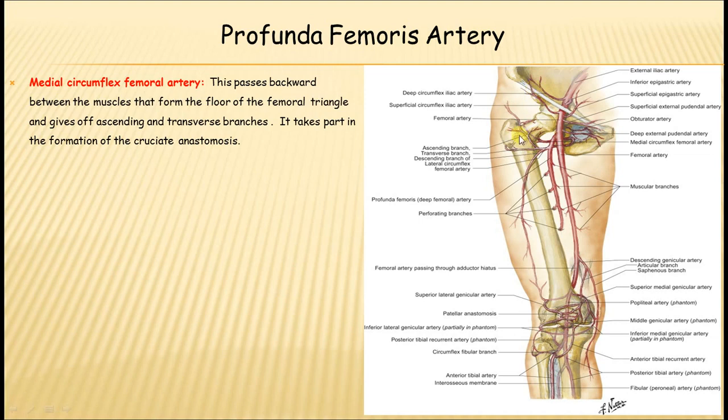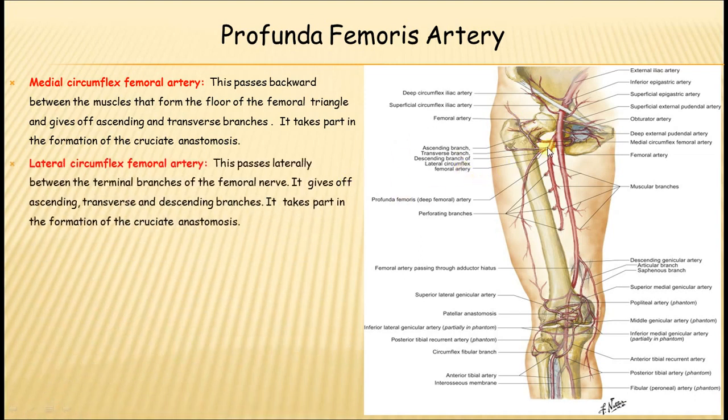Then I told you it has got an ascending branch which will actually take part in the trochanteric anastomosis. So between the ascending branch of the lateral circumflex, ascending branch of the medial circumflex, and also branches from the superior gluteal artery.